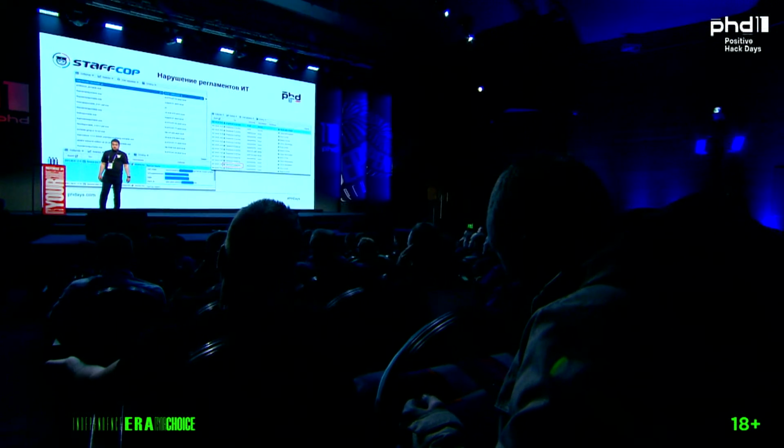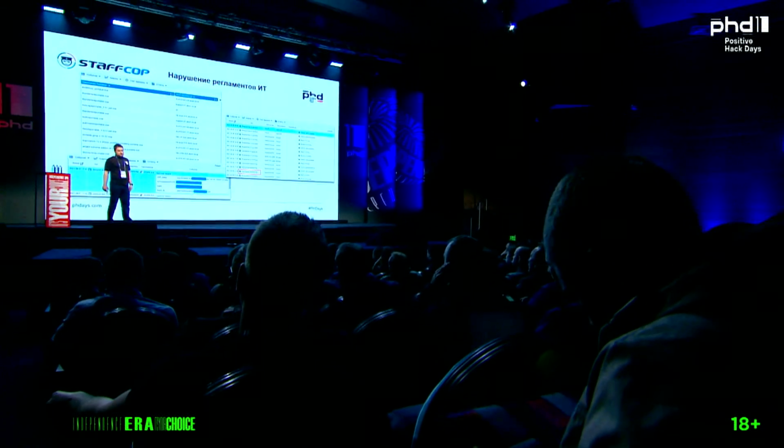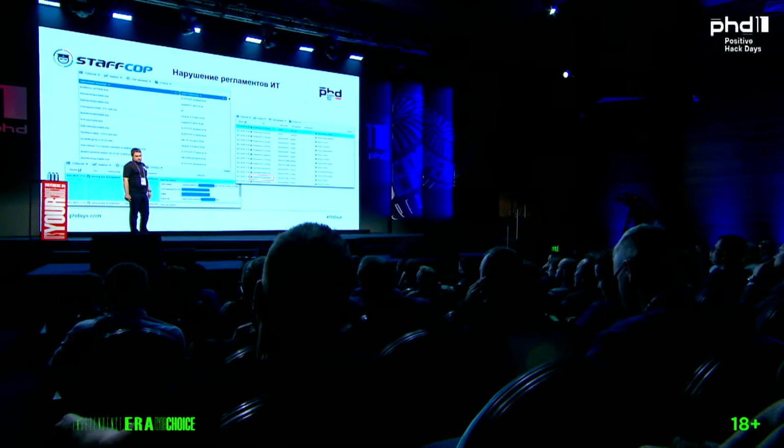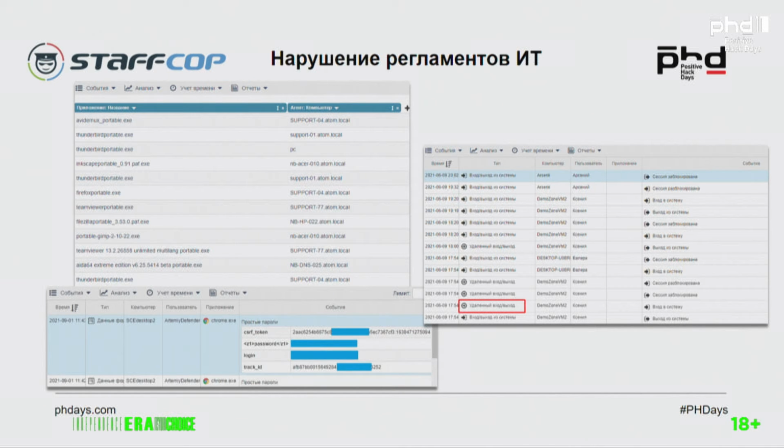For example, violation of IT rules. In one computer, GIP was launched, Escape was launched, and well, you know that some anomalous activity will take place. In the other case, you see local events that shouldn't have happened.